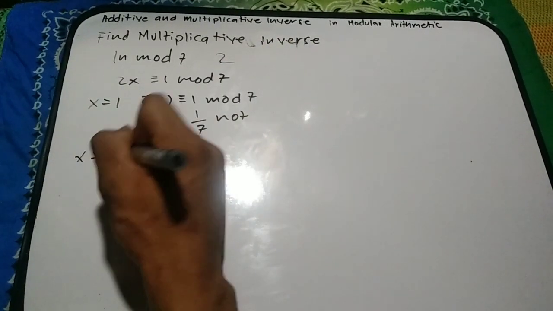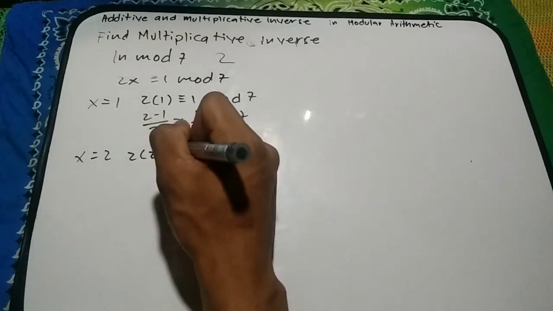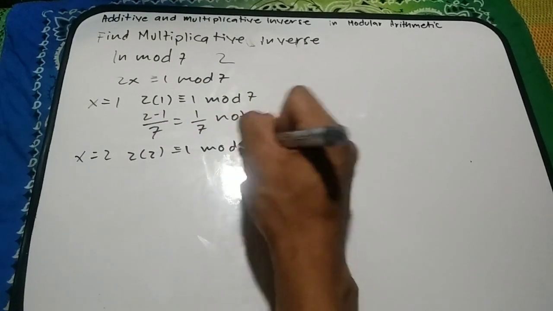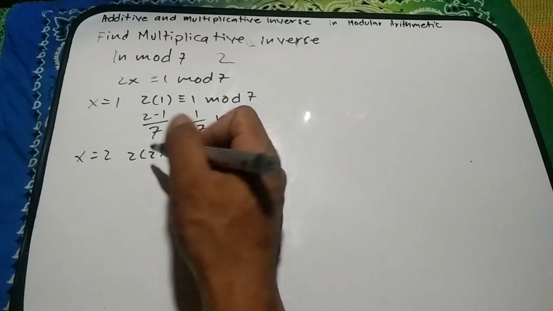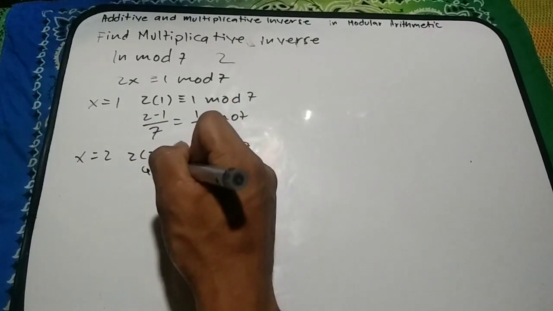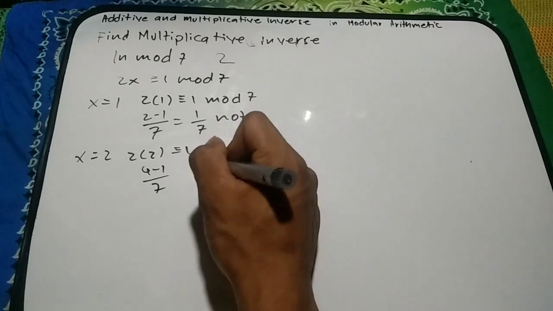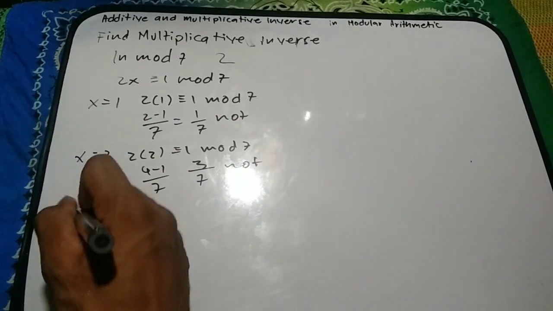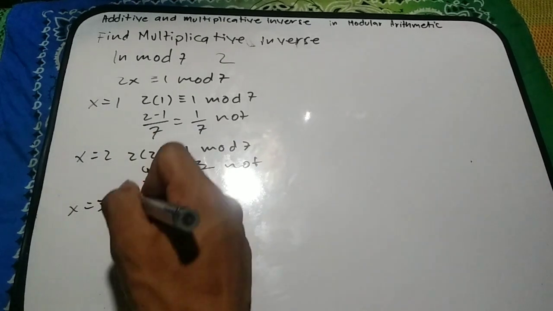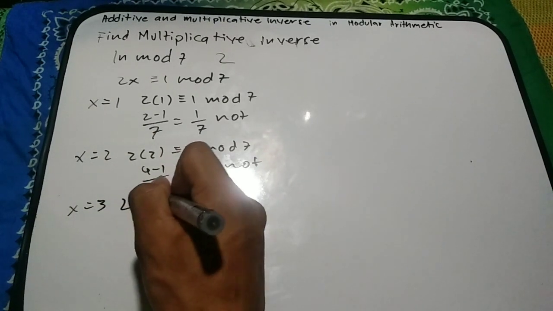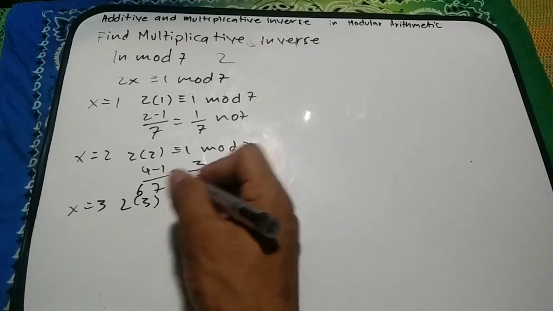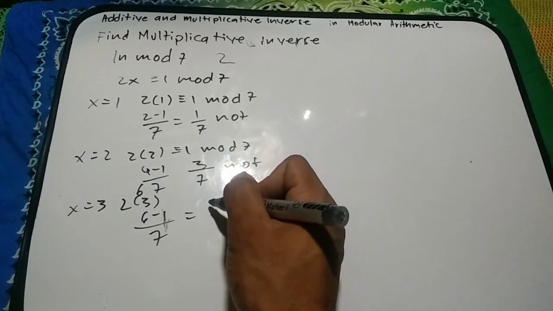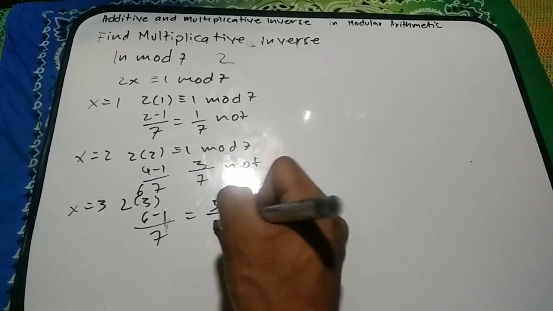If x is equal to 2, 2 times 2 congruent to 1 mod 7. 2 times 2 is 4, minus 1 is 3, not a whole number. If x is equal to 3, 2 times 3 is 6, minus 1 is 5, over 7, not a whole number.